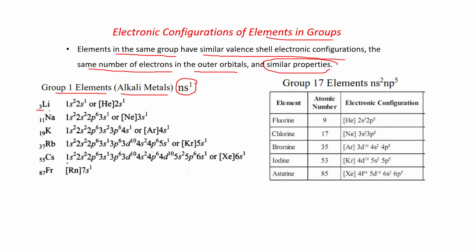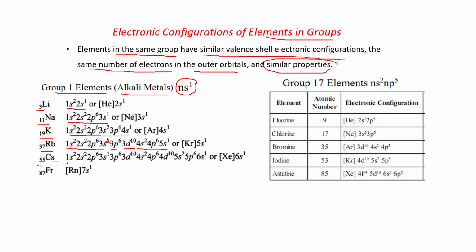Lithium, atomic number 3: 1s2, 2s1. Sodium 11: 1s2, 2s2, 2p6, 3s1. Potassium 19: 1s2, 2s2, 2p6, 3s2, 3p6, 4s1. Rubidium, atomic number 37: 1s2, 2s2, 2p6, 3s2, 3p6, 3d10, 4s2, 4p6, 5s1.